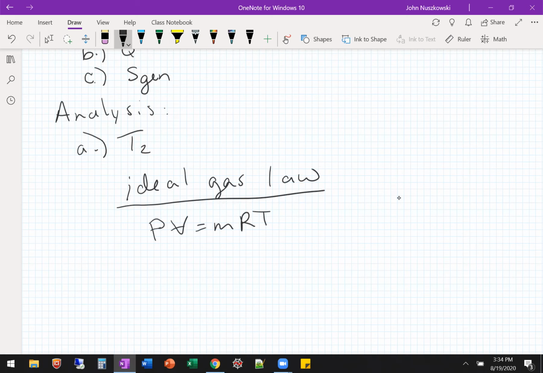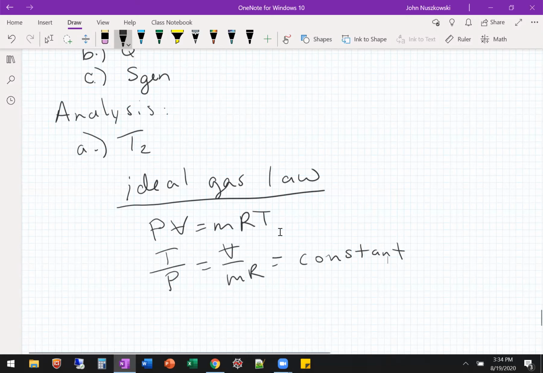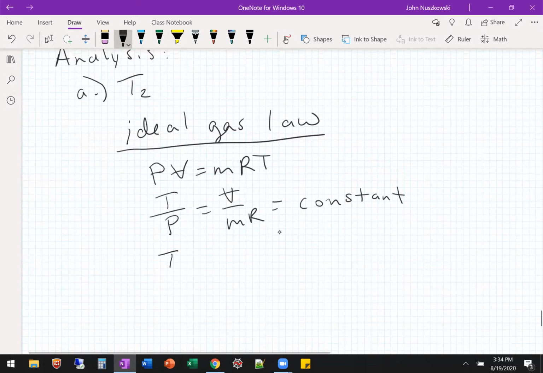So if we rearrange this, T over P is V divided by mR, that's constant for our problem. So we can relate the two states, since this is being held constant during that whole process.